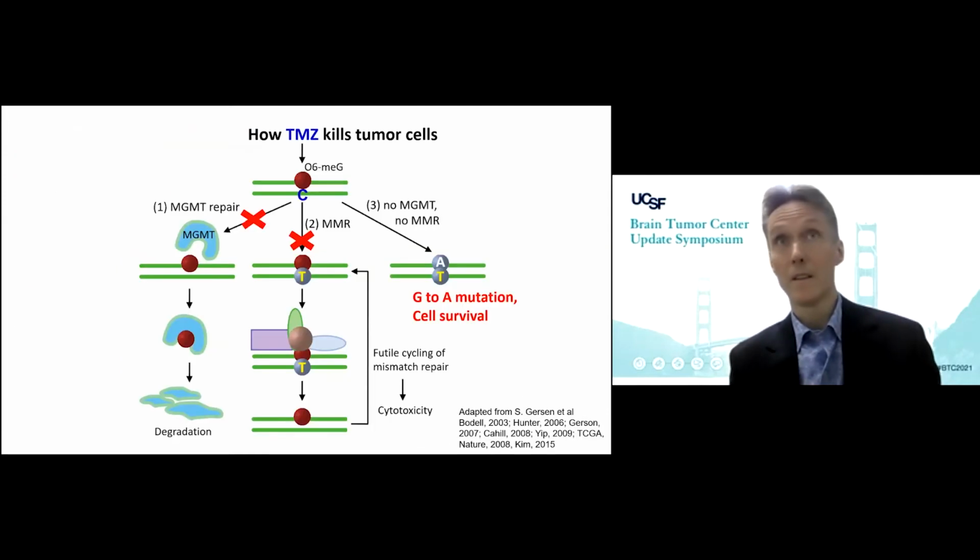So back to this diagram, I mentioned, would this happen if the mismatch repair system is intact, and if this model is correct? Well, we noticed that all 6 of our initial hypermutators had in fact acquired a mismatch repair mutation, and those mutations also were G to A, suggesting that the temozolomide initially induced a mutation in mismatch repair, and that created a situation that allowed hypermutation to occur.